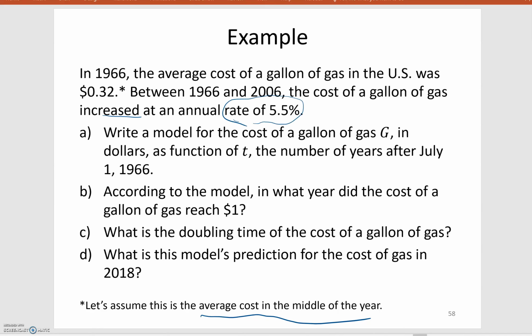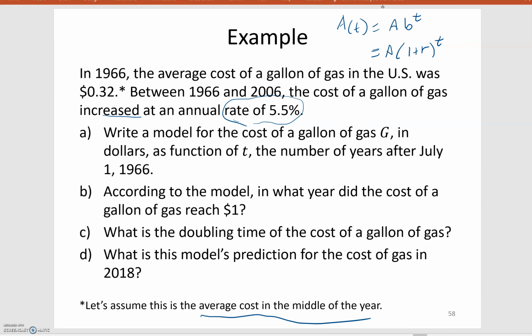And so for my exponential growth model, we have a couple of choices of how to start. We have this form, and we also have this form, which are equivalent, but sometimes one is more useful than the other.